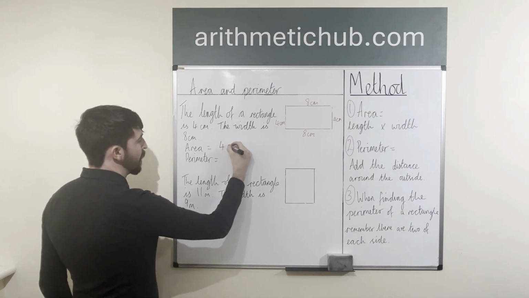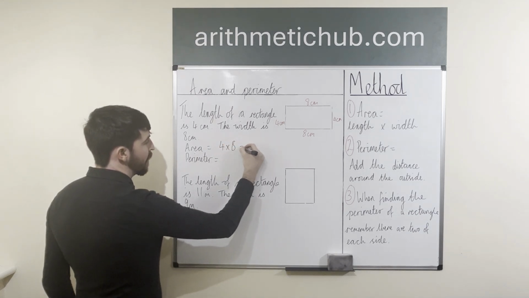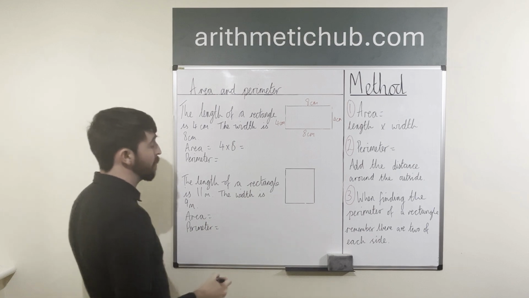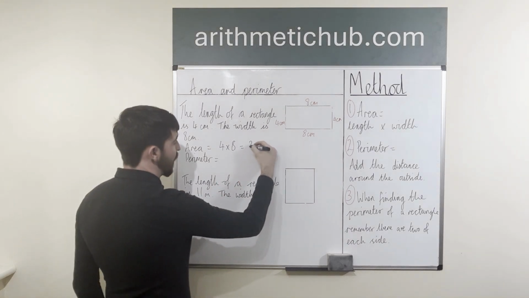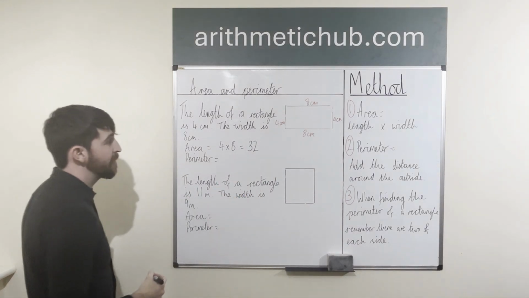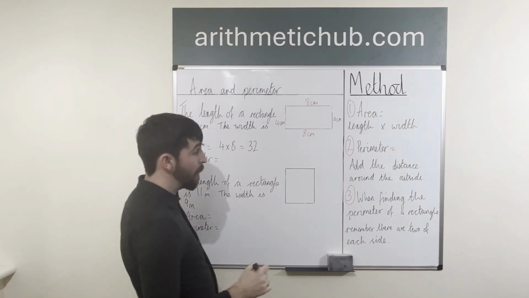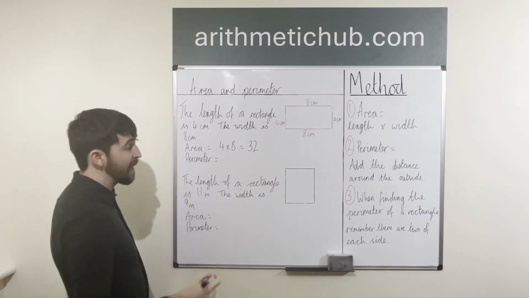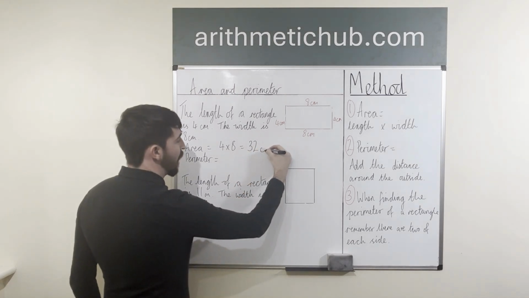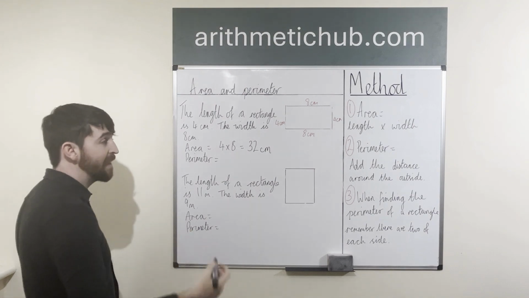So all I would do is 4 times 8 equals, again you can write your times tables down if you need to for this, but if you don't need to, then don't worry about it. 4 times 8 is going to give me 32. Then I need to remember to put in my unit of measure. This is being measured in centimetres, so I need to make sure that I'm saying 32 centimetres.